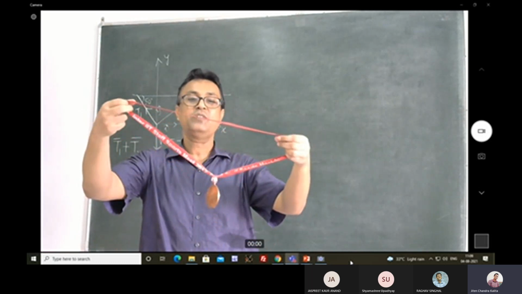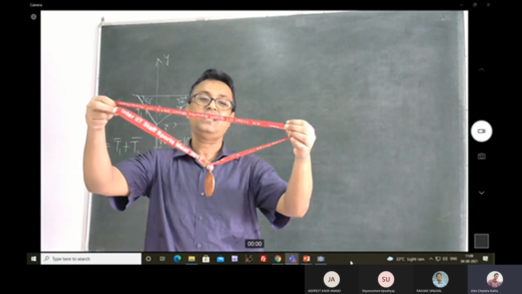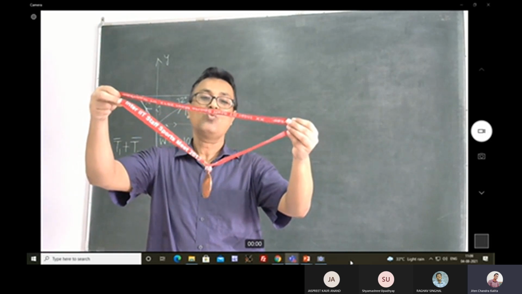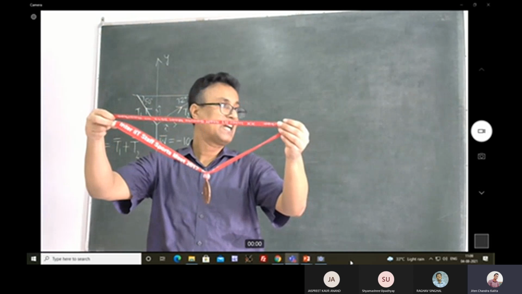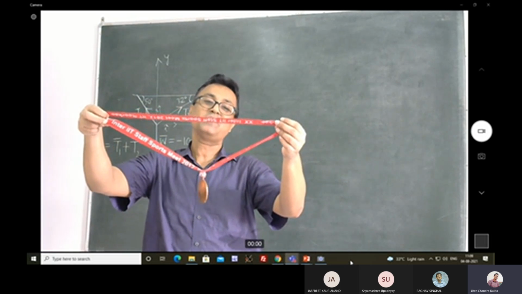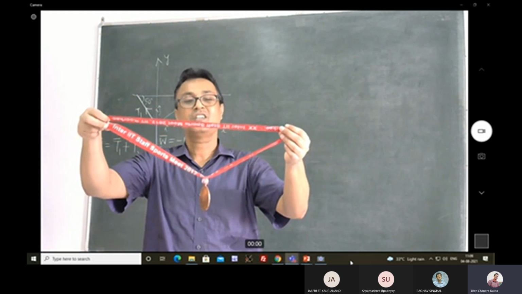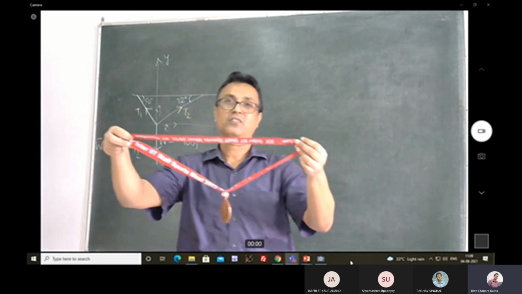Is it okay? And you can see that these two upward pulls, that is nothing but the tension, are balancing the weight downwards. I hope now the concept of how the sum of tensions T1 and T2 is equal to the weight W is clear, right?